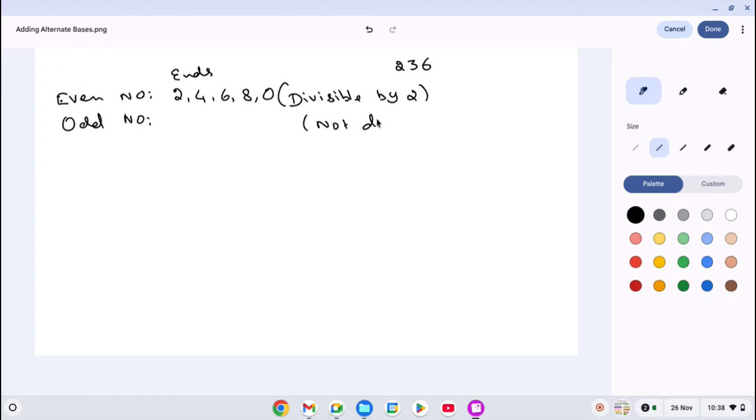If it is not divisible by 2, we can say that it is an odd number.